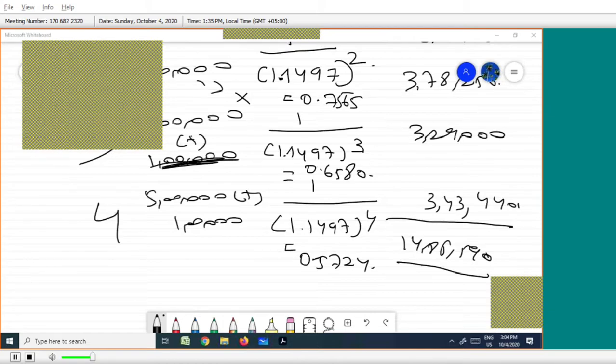That is why we add it in the books of the lessee, not in the books of the lessor. We are on the opposite side. So 14 lakh 85,590.